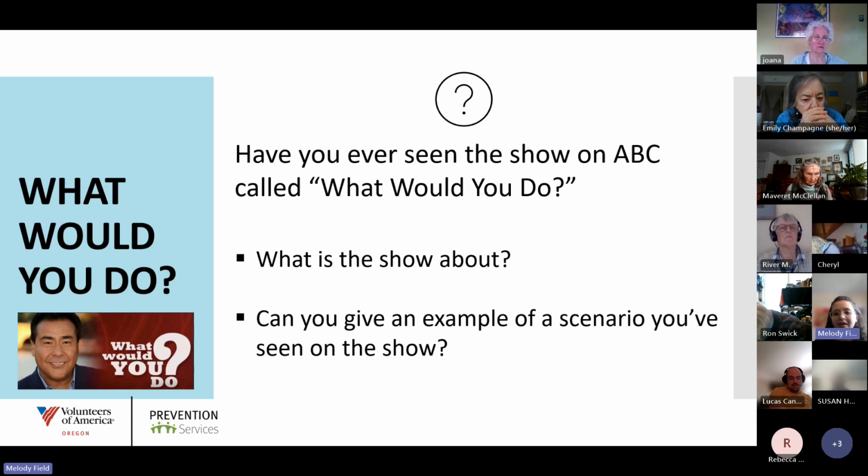The producers stage actors in a crowd of non-actors who are unaware that they're being filmed, and then they create problematic scenarios and see how the non-actors slash bystanders react and handle the situation. And then afterwards, they announce to the non-actors that the scenario was staged, and they interview them, and ask them why they chose to intervene or to not intervene.